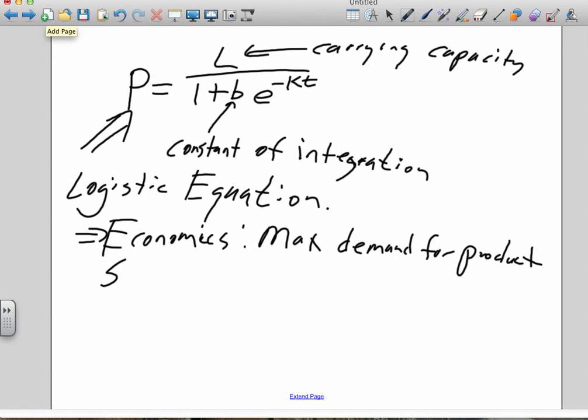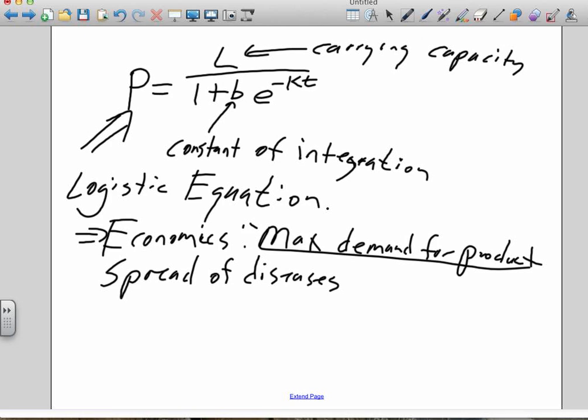It's used to model spread of diseases. Okay. Now in this case, your carrying capacity is the maximum demand you think people will have for the product. If you know nothing else, it ought to at least be whatever your population is. You're not going to have more people want it than what you have. But spread of diseases, and again, this doesn't grow. Number one, you've got a finite number of people.